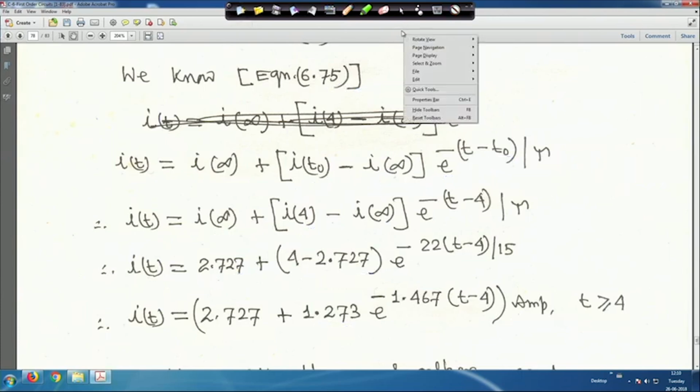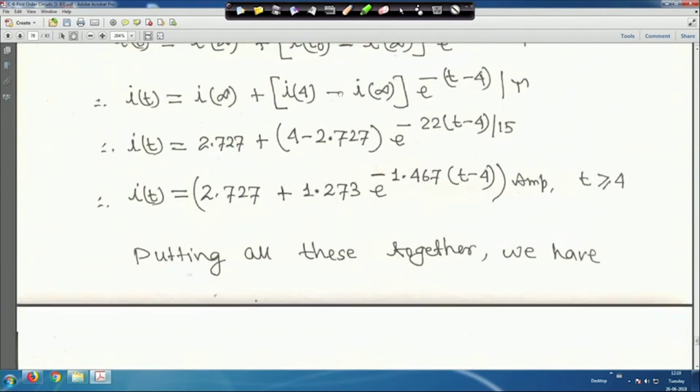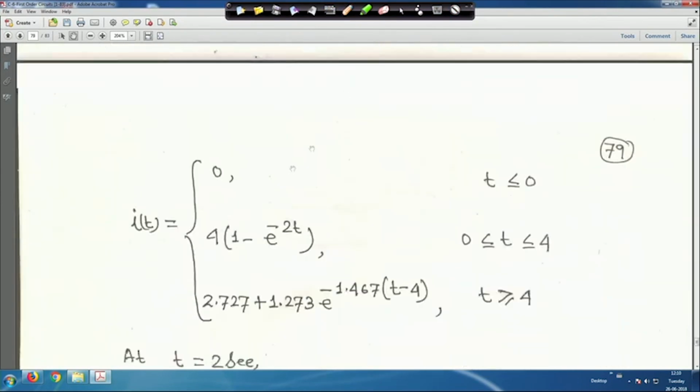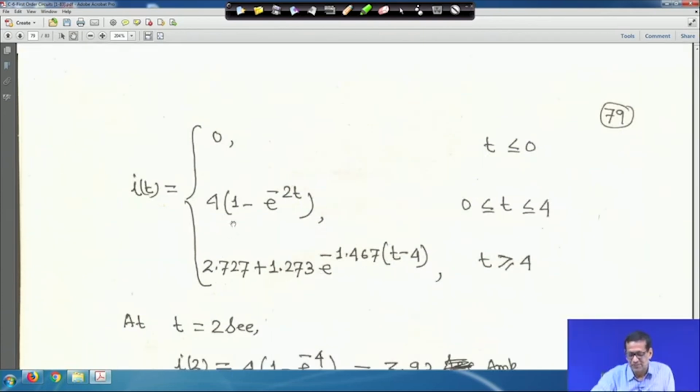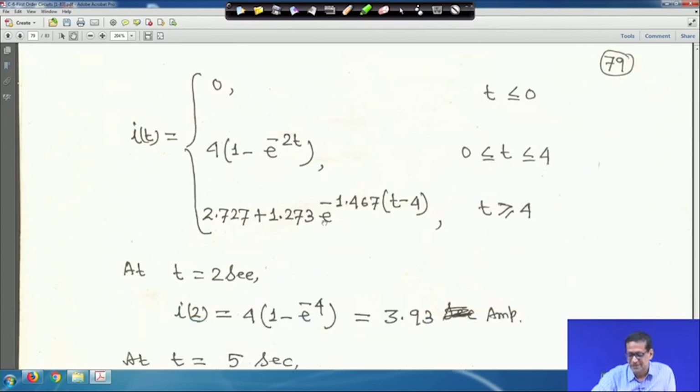Putting all this together, we have that I t is equal to 0 for t less than or equal to 0, 4 into (1 minus e to the power minus 2 t) for t between 0 and 4, and for t greater than or equal to 4, the expression we just got, because two switches were there.